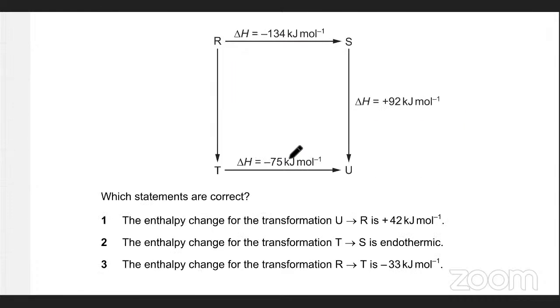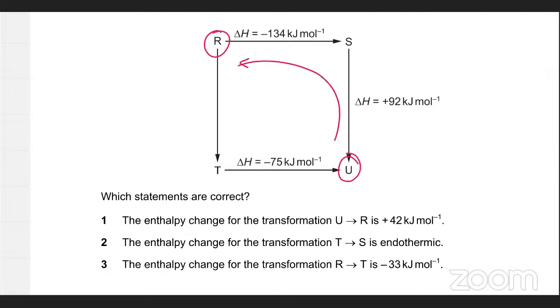So this one is easy. It's Hess's law. So he's saying Hess's law is if you want to go from T to S, the enthalpy change would be the same no matter what path is followed. You take this path or you take this path, the enthalpy change would be the same. So the enthalpy change for the transformation U to R is 42. So we have to go from U to R. So I'm going to take this route.